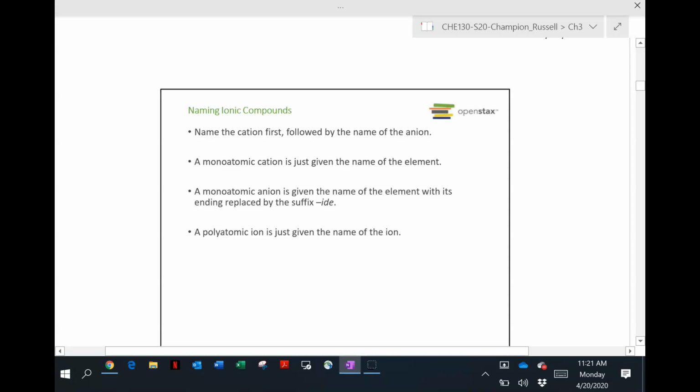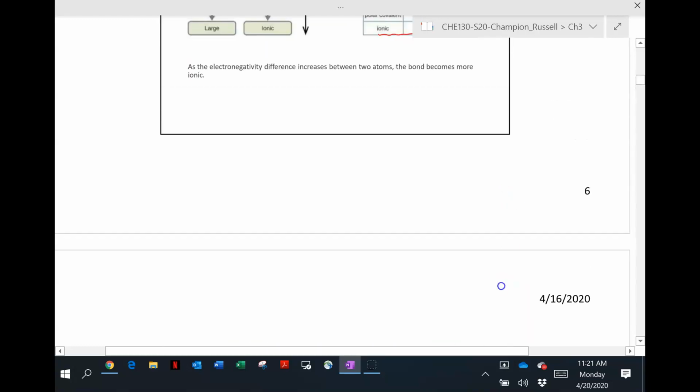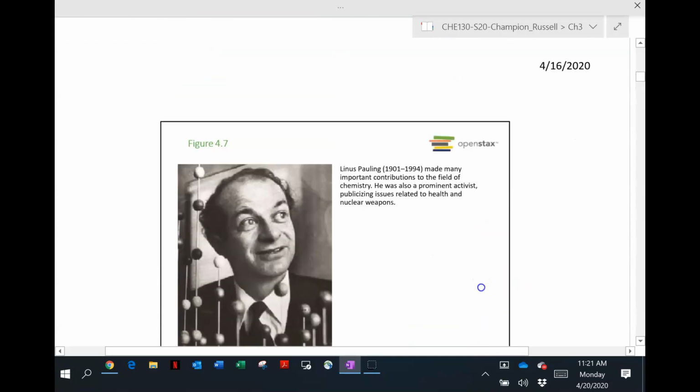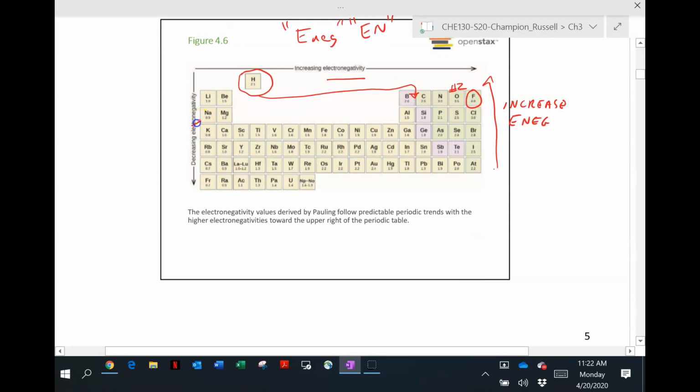The way we're going to name simple ionic compounds is we're going to name the cation followed by the name of the anion. The monoatomic cation is just the name of the element. So if we're talking about NaCl, and we look back up at our electronegativity values, Na has 0.9, Cl has 3.0.